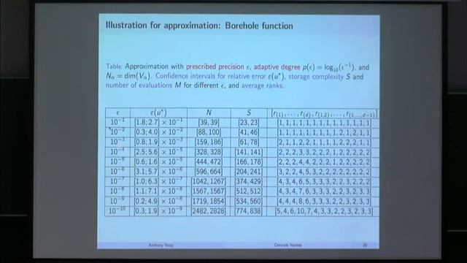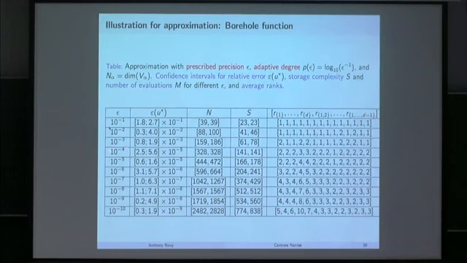And what the algorithm gives is an error which is, with high probability, in this interval around 10 to the minus 5. So here you see that you are below the prescribed precision. Sometimes, at 10 to the minus 3, the algorithm gives you a slightly higher error, but whatever the precision you ask for, you see that the algorithm provides something of the order of the precision you have prescribed. This is the final storage complexity of the approximation.